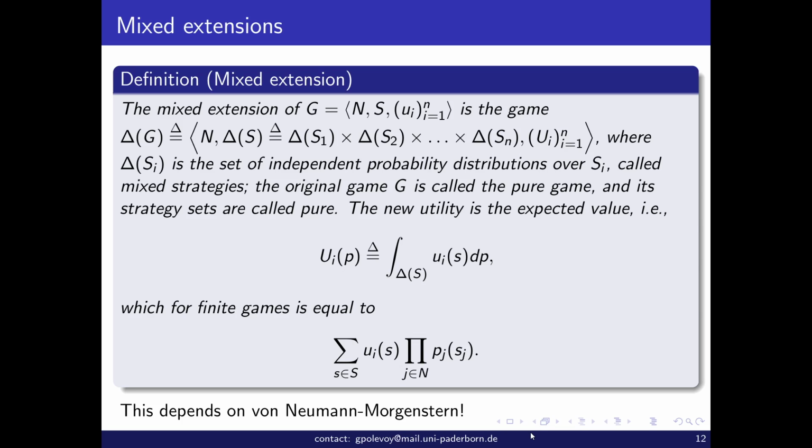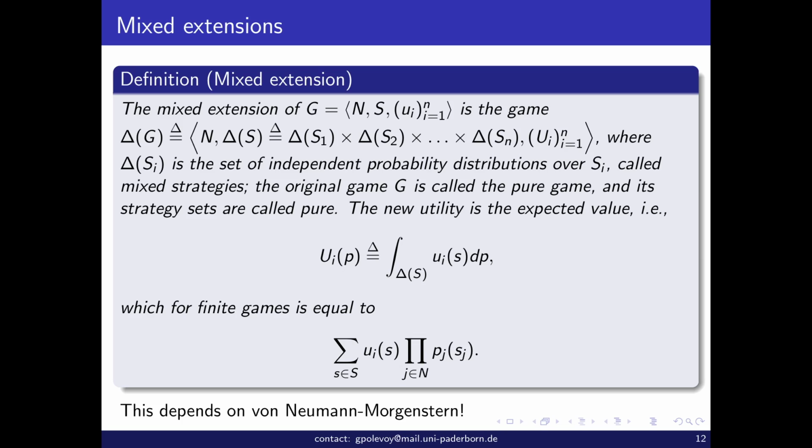So delta G has all the players that G has, but the strategy sets are different. The strategy set of delta G is a Cartesian product of the strategy sets, which are probability distributions over each one of the strategies of the original strategy set.